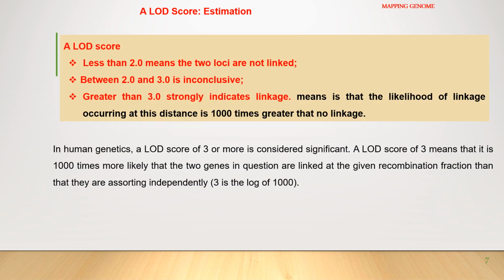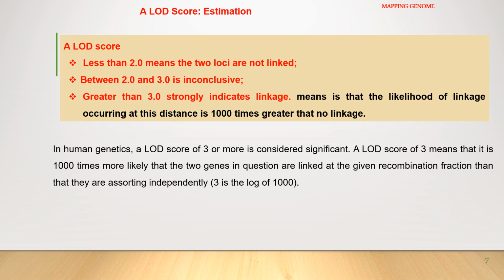If the LOD score is less than 2, it means that the two genes that we are considering are not linked to each other. If it is between 2 and 3, the result is inconclusive. If the LOD score between the genes is greater than 3, it shows that these two genes are strongly linked to each other.